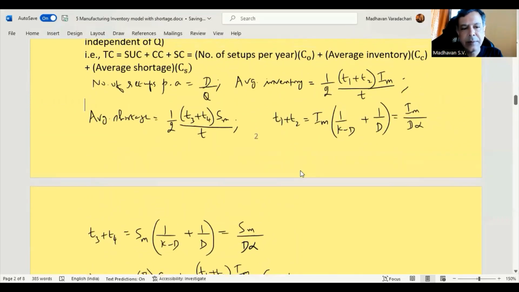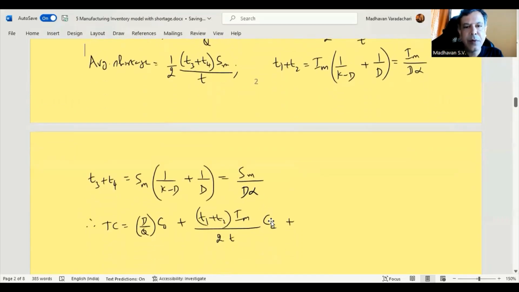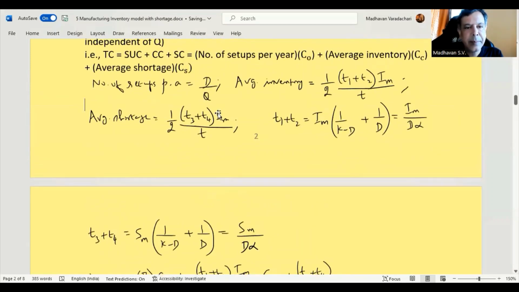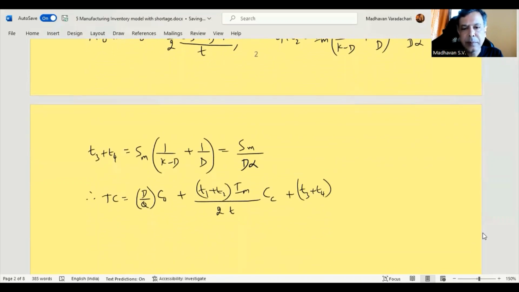Average shortage is T3 plus T4 times SM divided by 2T, multiplied by CS, the shortage cost per annum.